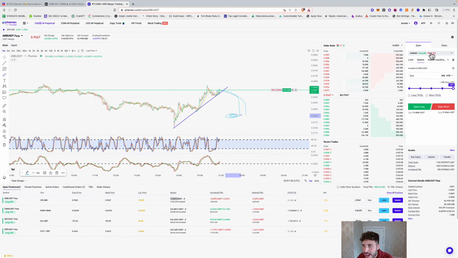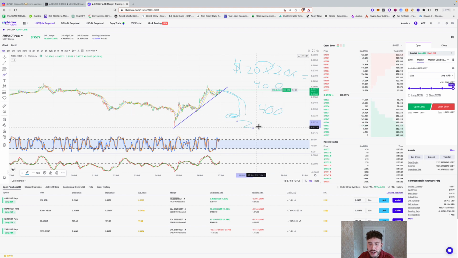Because on 20x leverage, I put $20 in, right? $20 times 20x equals $400. Basically, this order that I just placed is worth $400.